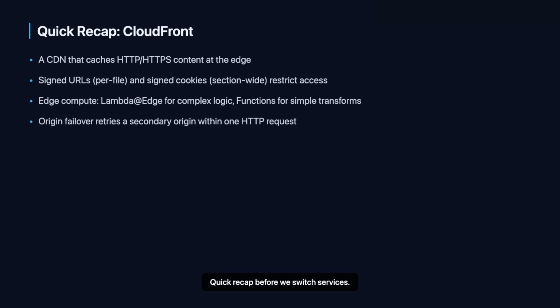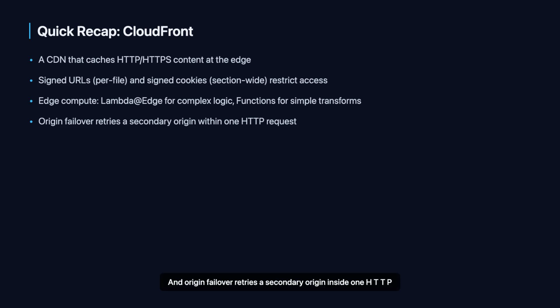Quick recap before we switch services. CloudFront is a content delivery network that caches HTTP and HTTPS content at the edge. You restrict access with signed URLs for a single file, or signed cookies for a whole section. For edge compute, Lambda Edge handles complex logic, while CloudFront functions handle simple, fast transforms.